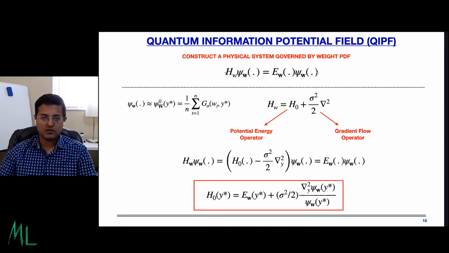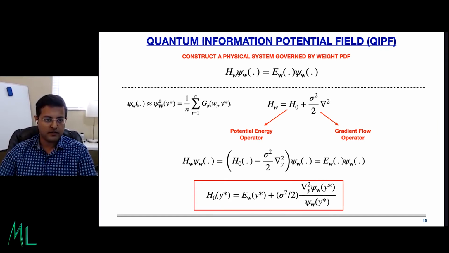Our goal is to solve this equation and extract various uncertainty moments of psi(W), which is the PDF of the weights, essentially. Using that solution, we can get various moments of uncertainty of psi(W). So how do we do this?